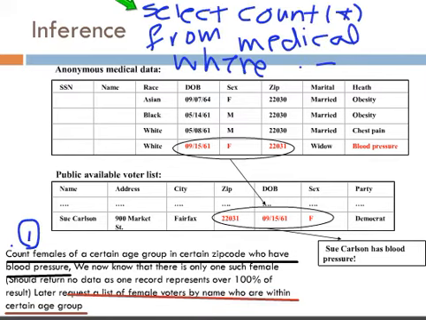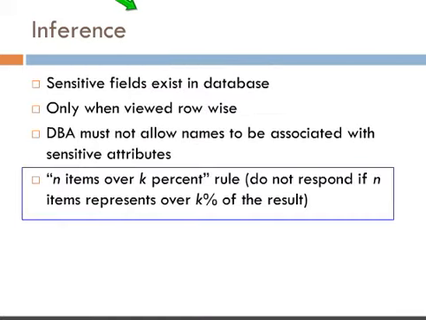Because the result of this statistical data is just one record, and there is a risk that the user can have access to the exact information and record. This is a very good example.